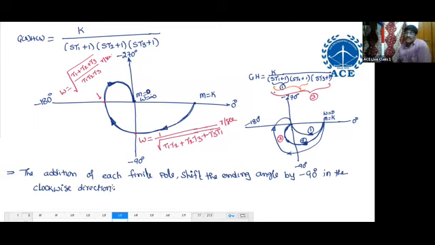The addition of each finite pole shifts the ending angle by minus 90 degrees in the clockwise direction.